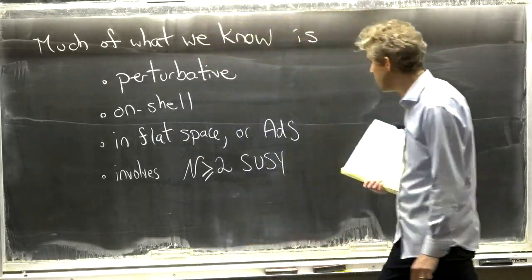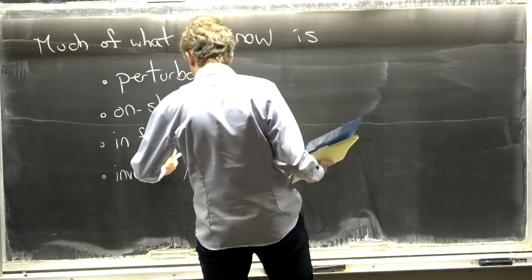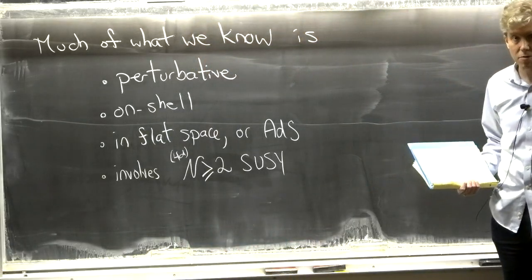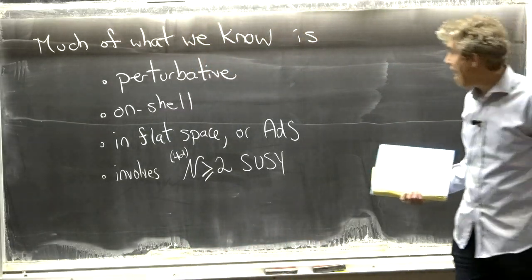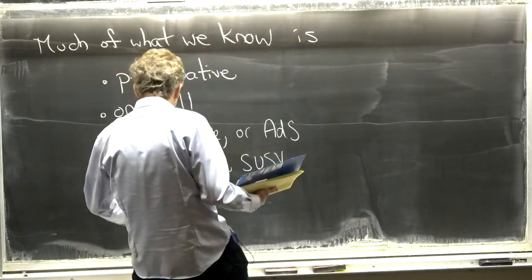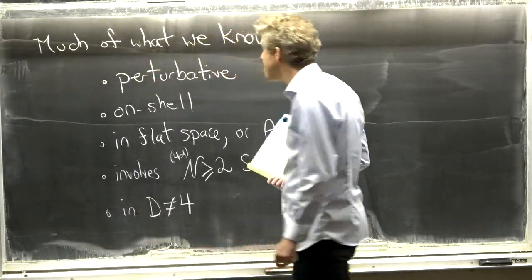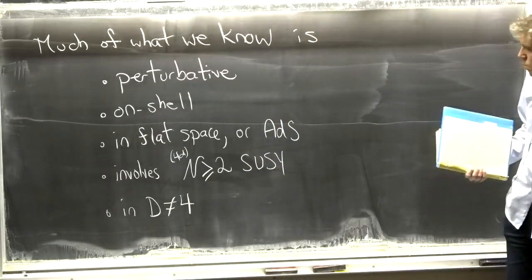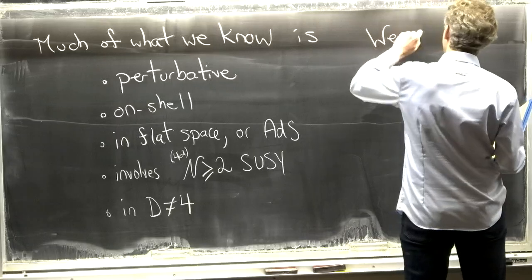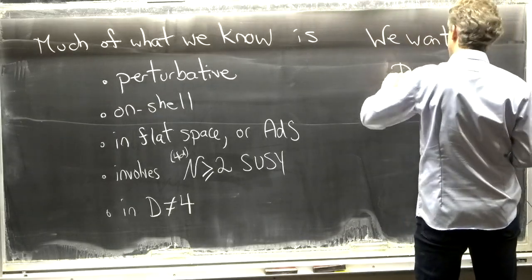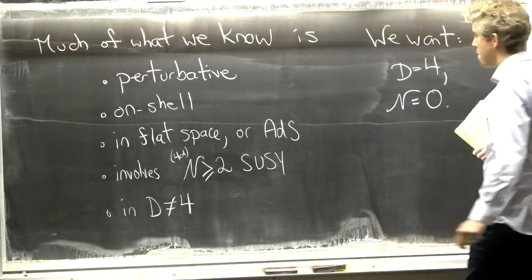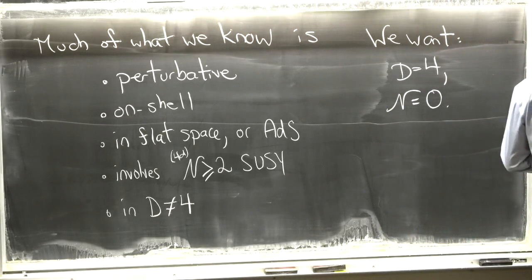So a lot of supersymmetry. When I count supersymmetries, we're almost always going to be in 4 dimensions, so my curly Ns mean 4D counting of supercharges. And frankly, a lot of what we know about string theory occurs in space-time dimension not equal to 4. But we want D equals 4, and we want N equals 0 supersymmetry. And so we've got to find a way to get there.